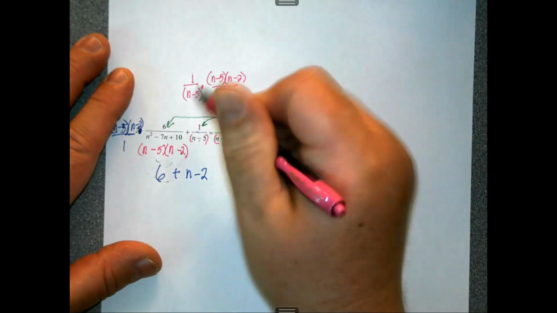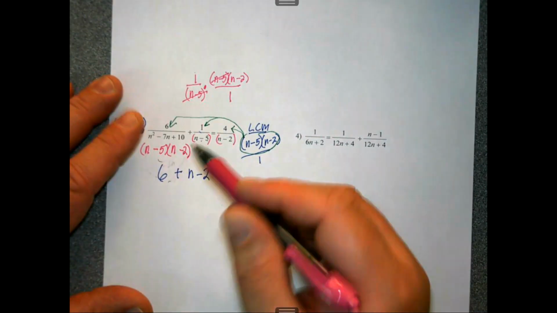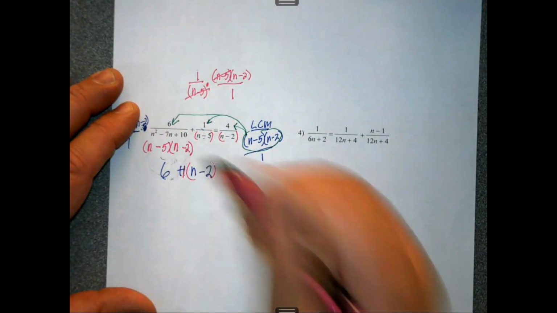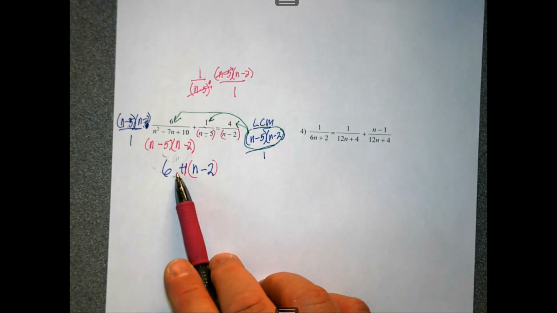And what happens is the n minus 5s cancel. So now if I wanted to, I could put parentheses around this and the 1 there, okay? And because my sign stays the same, Aiden, that's a positive 1. If that was a minus 1, then I would have to change the sign. Okay.